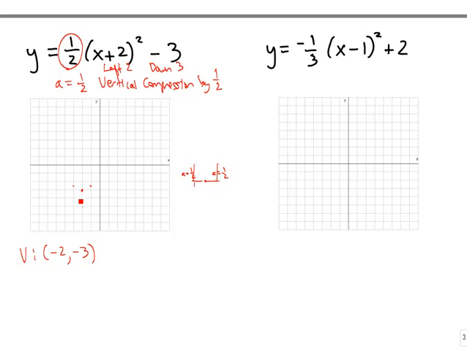Then if I wanted to get a couple more side points, we would want to go over 1 again, but this time we'd want to go up 3 times a, which is 3 times 1/2, and 3 times 1/2 is 1.5, or 3/2. And we're going to do that on the left and on the right. So we're going to go from this little side point over 1, up 1.5. That should put you right at a height of -1 if you're doing those two side points correctly.